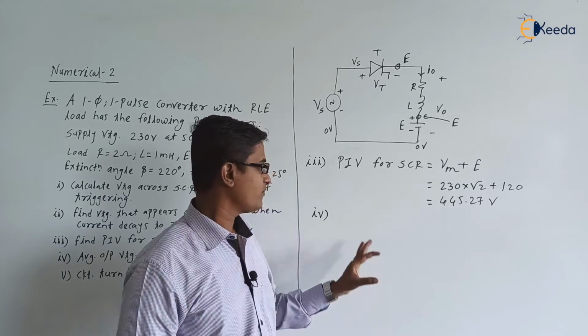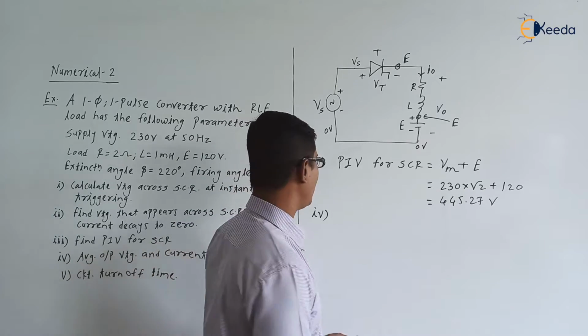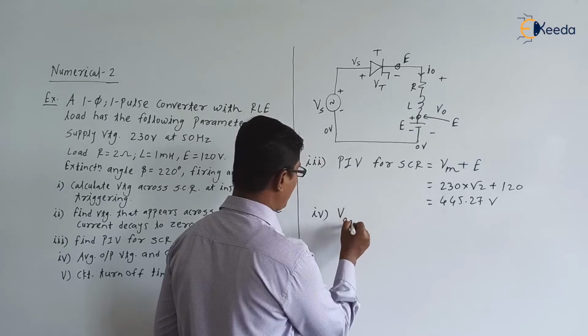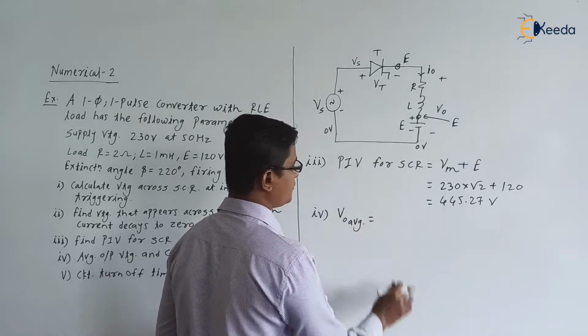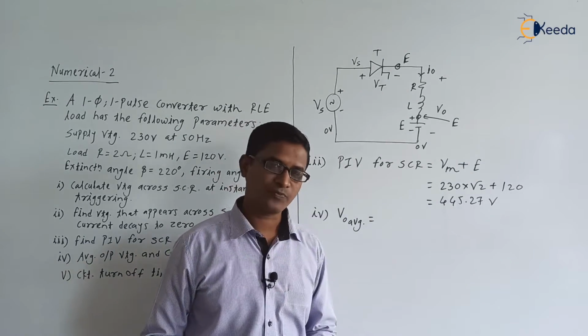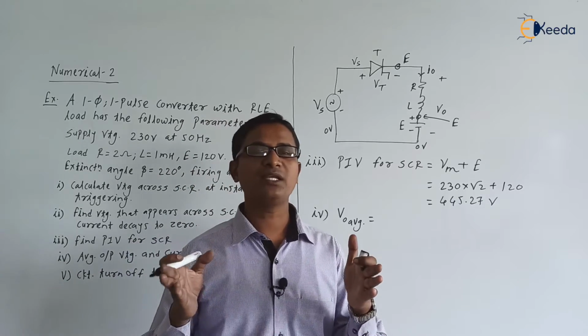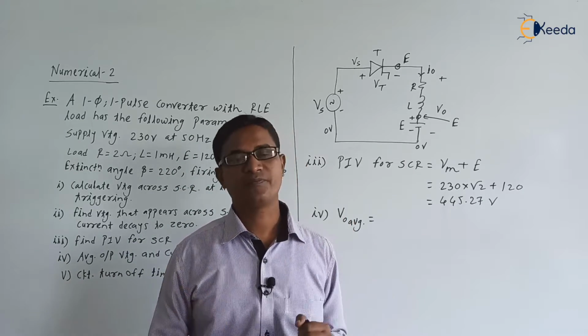So first, the average output voltage V0 average is equal to, if you check the waveform of V0, from omega t is equal to 0 to alpha, it is E, right?